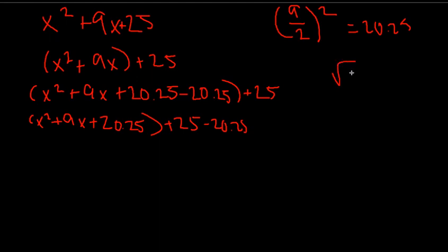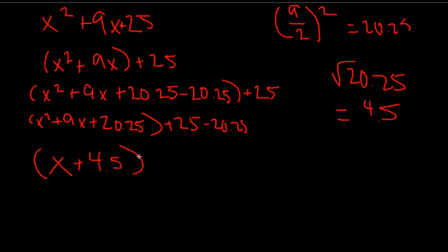So the square root of 20.25 is equal to 4.5. So now this is all the same thing as (x plus 4.5) squared, and then plus 4.75. And yeah, that's it. Now the square is fully completed.